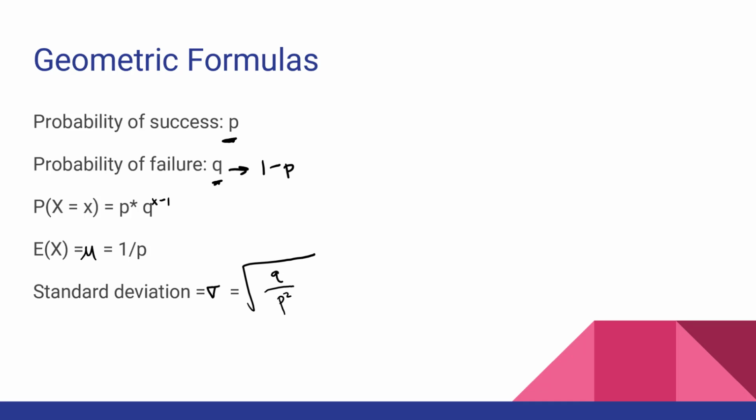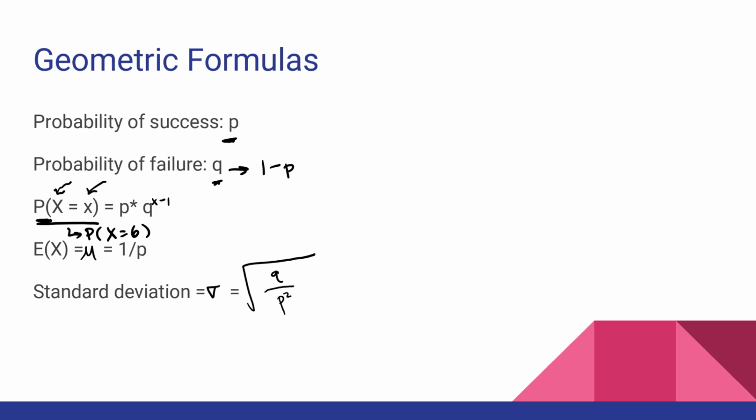This notation might seem a little bit weird. The big X is our random variable, and our small x is the number of trials that we're going to wait for. So if we're rolling a die and we want to know the probability that it takes 6 rolls to roll a 5, then we would write it as P of X equals 6.